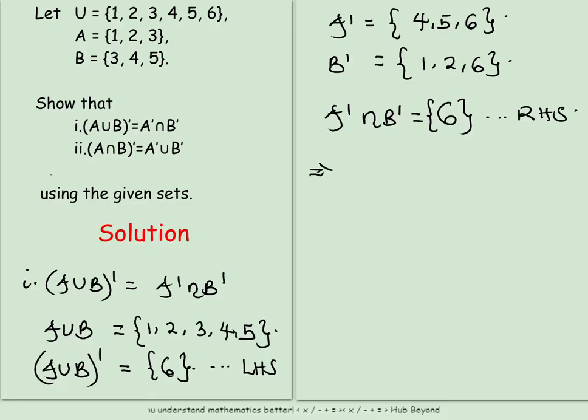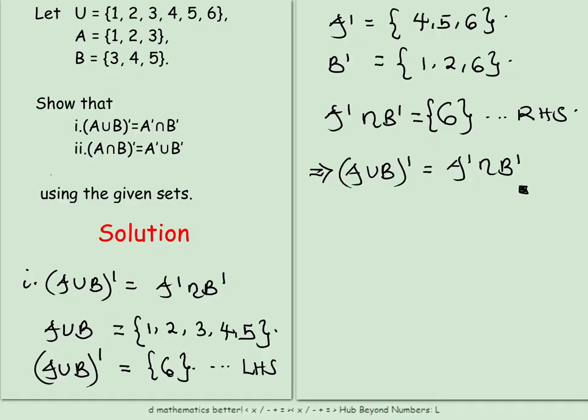So this implies that A union B prime is actually equal to the intersection of the primes. Hence proved. Simple.